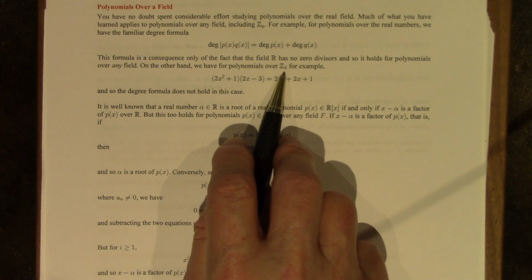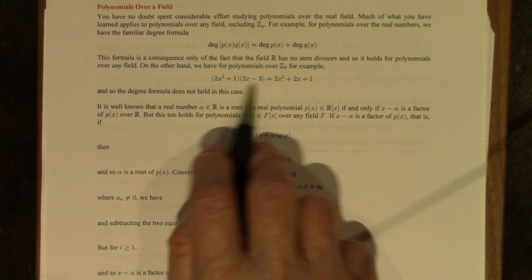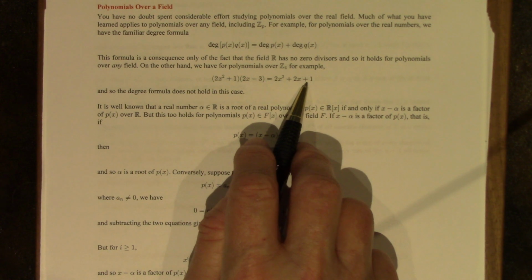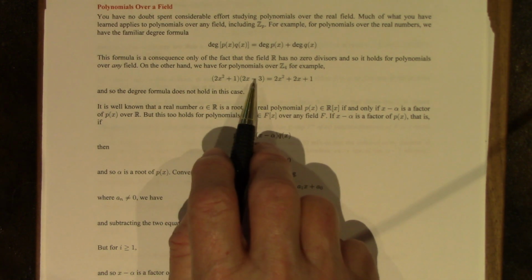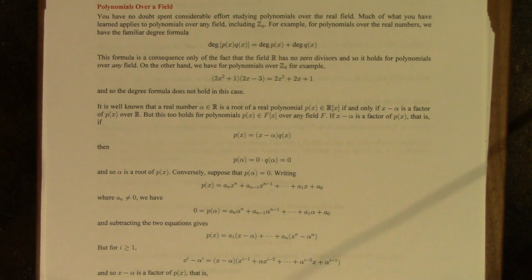You have to take the residue mod 4. So the cubic term disappears, and you have a quadratic here. So degree 2, degree 1, but the product is only degree 2. And the degree formula fails.